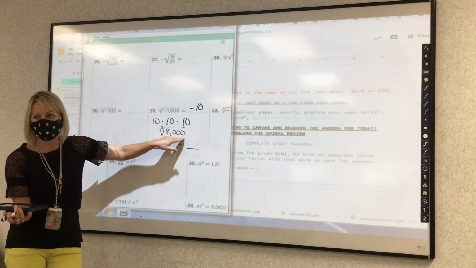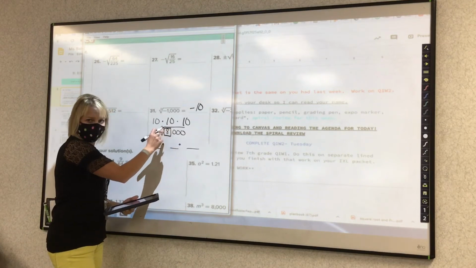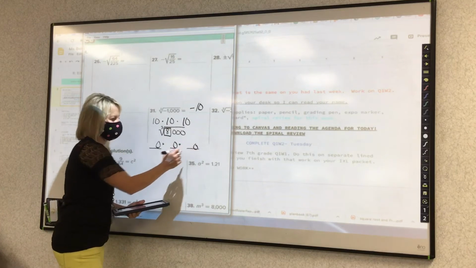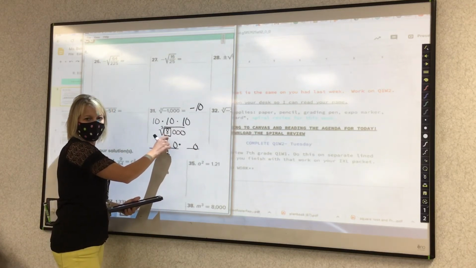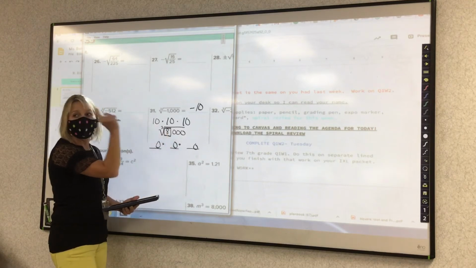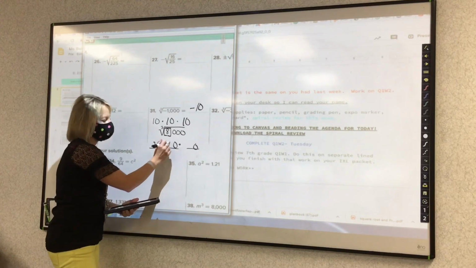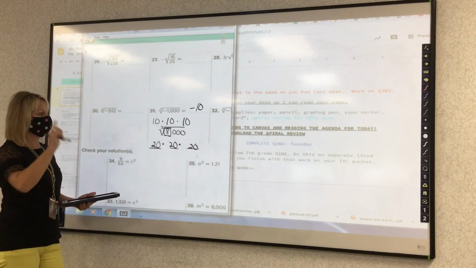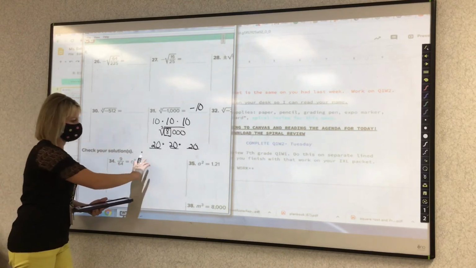Zeros, right? So you're going to pull out that digit. It has to be zeros. So now what times itself will give me 8? A 2, right? So then that becomes now 20 times 20 times 20. And that equals 8,000.